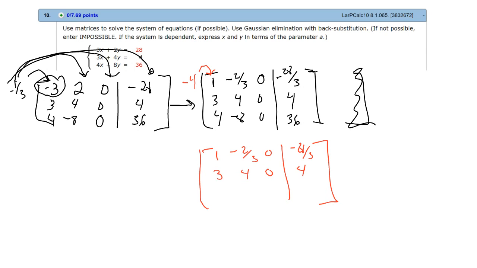So -4 times 1 is -4. And if I add it down here, plus the 4 gives me a 0. And then -4 times -2/3 is positive 8/3 plus -8 is going to be what? So we get 8/3 and minus 8. So that's going to be 24/3.